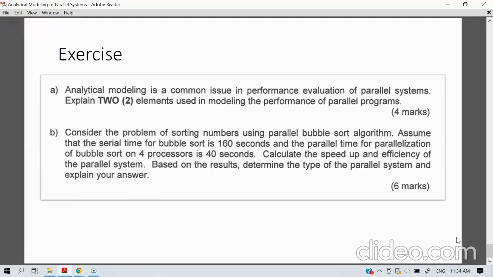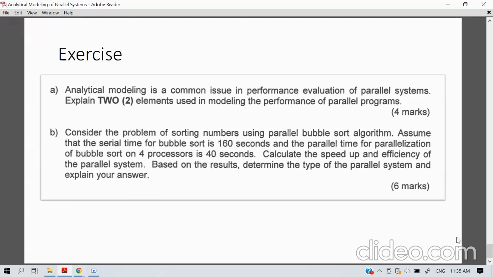Okay, number B. Consider the problem of sorting numbers. We want to calculate the performance of using the parallel bubble sort algorithm. Assume that the serial time for bubble sort is 160 seconds and the parallel time for the parallelization of bubble sort, both using the same algorithm, on 4 processes is 40 seconds.